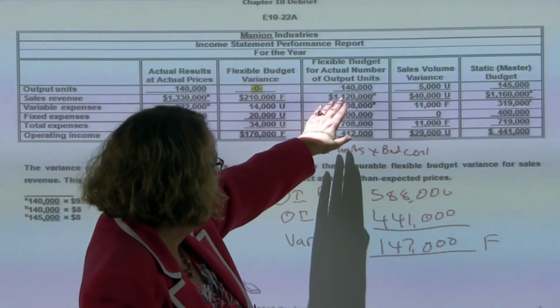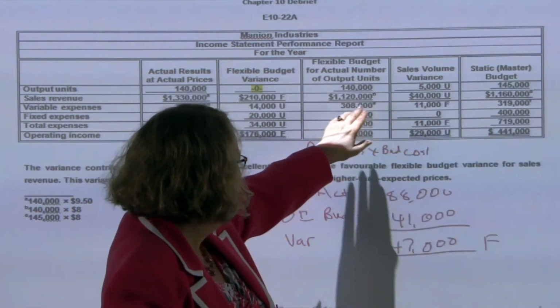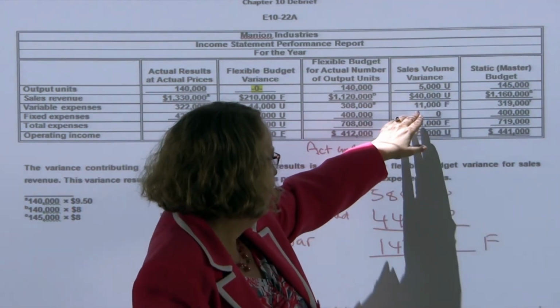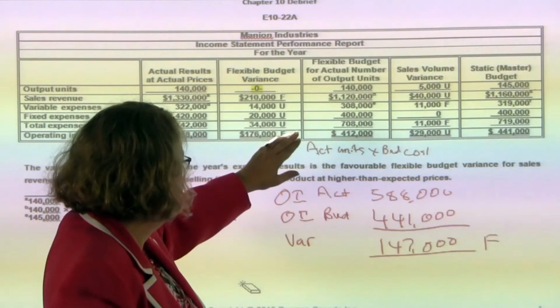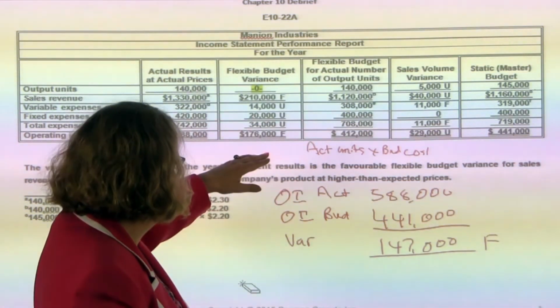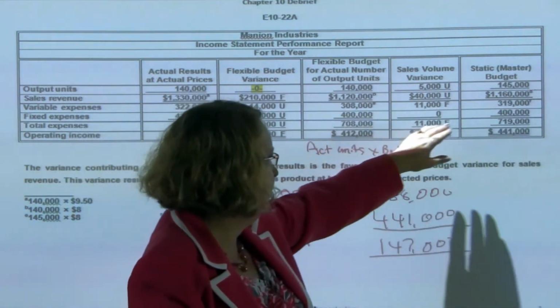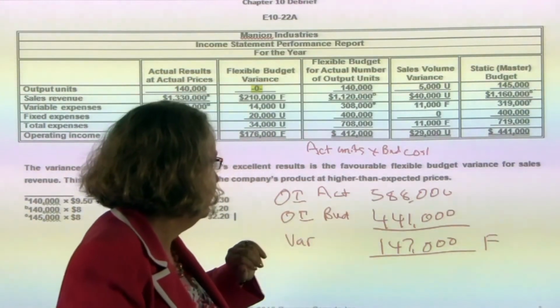So 140 compared to 145 is 5,000 unfavorable. 1,120 minus 1,160 is 40,000 unfavorable. And your variable expenses came in at 308, whereas you had budgeted 319. It's 11 favorable.